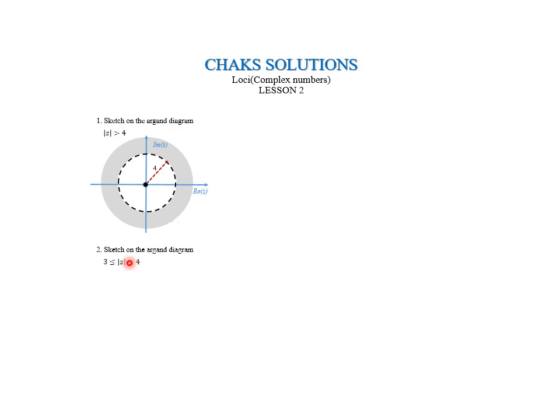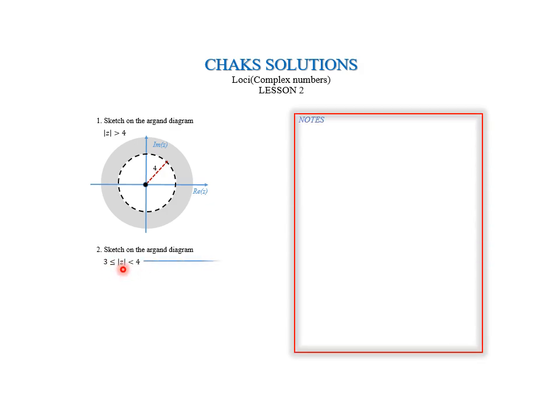Sketch on the Argand diagram 3 less than or equal to modulus of z less than 4. Here we have two regions. If you read from the center, we can have modulus of z less than 4. We need to sketch this region first.